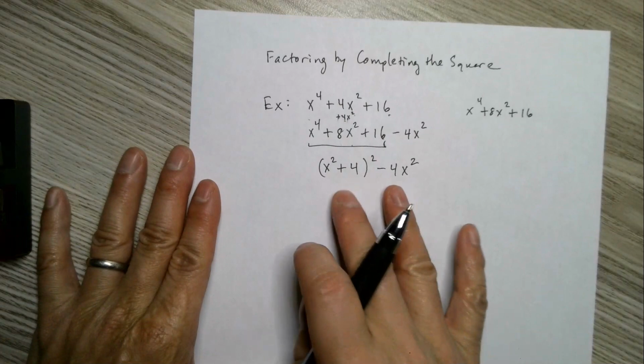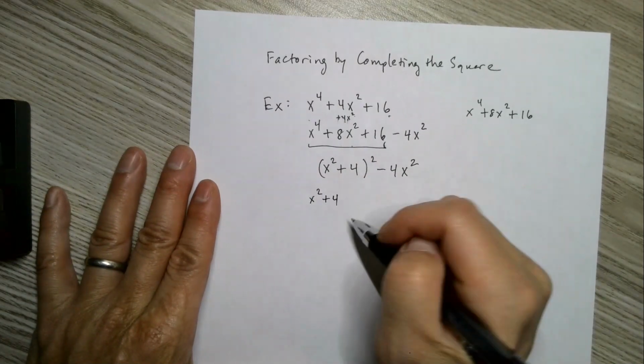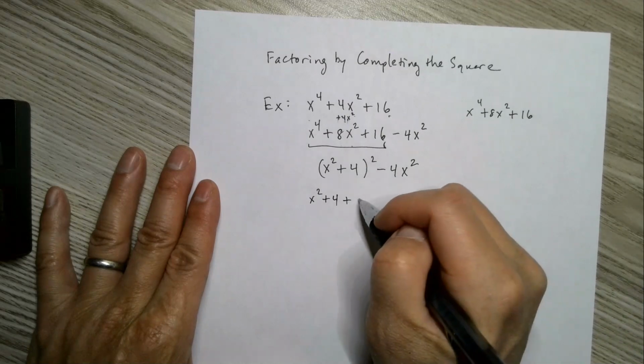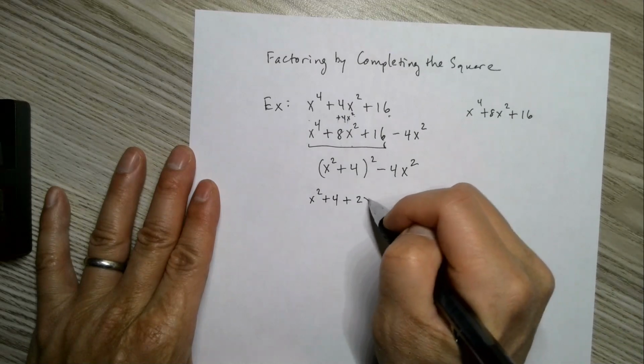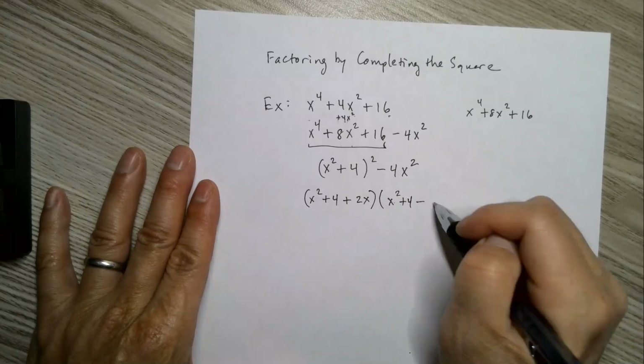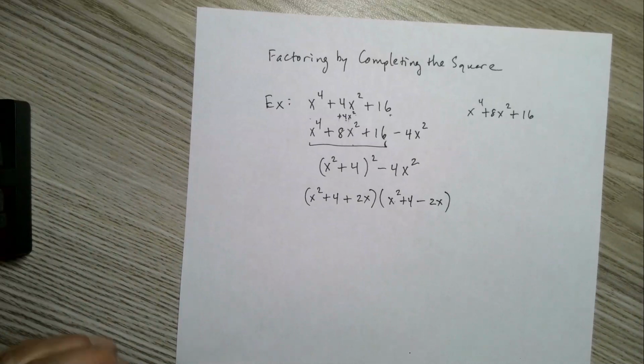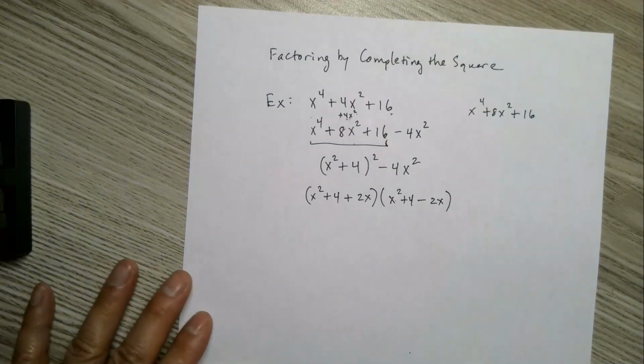This is a difference of squares. So that's a. B is 2x. Here's a again, minus 2x. And it's factored. Okay, I'm going to do one more example of that.